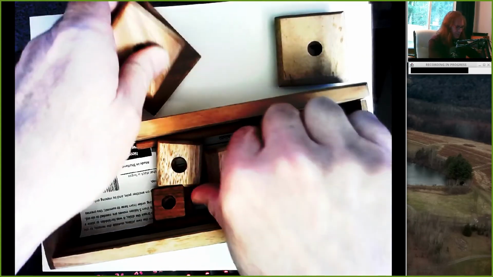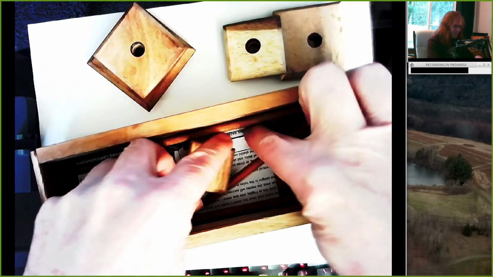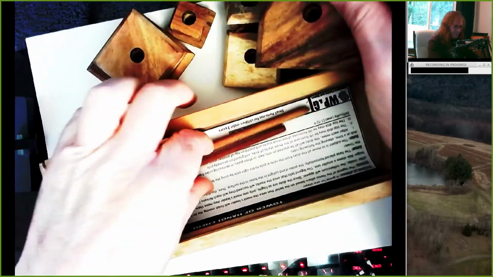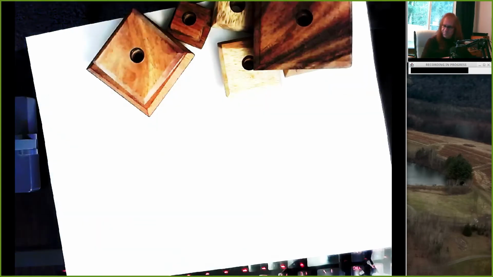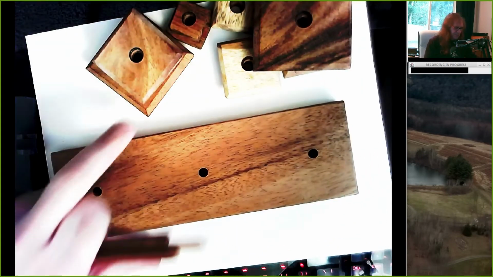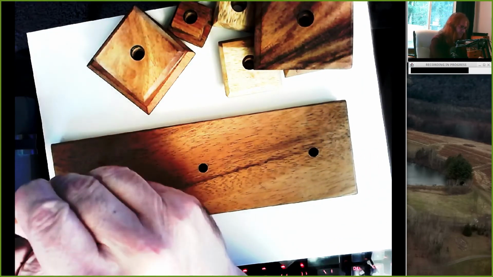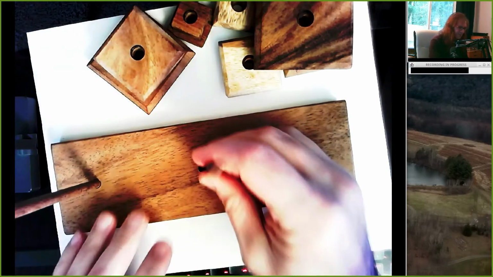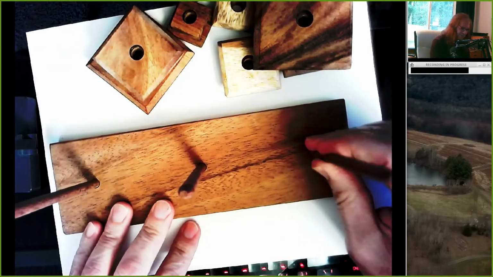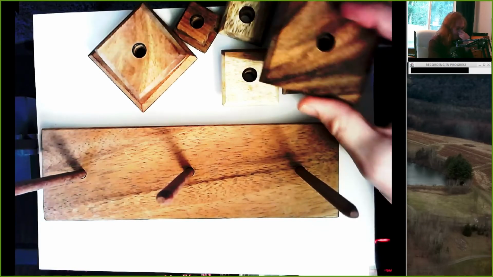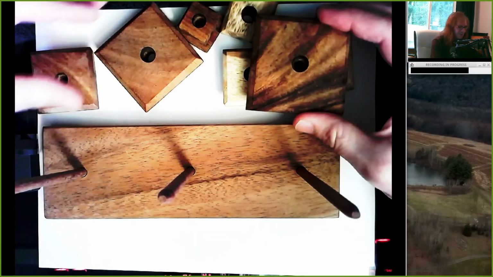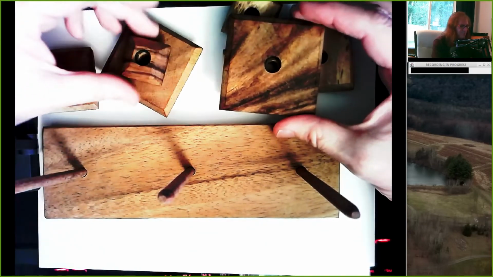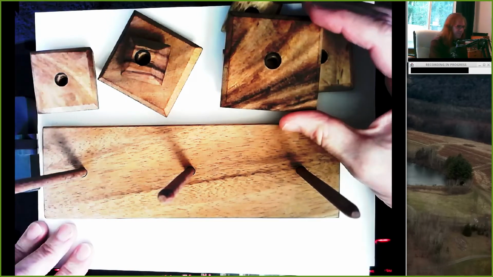So here's the setup. You have a series of wooden squares. In the original version, these are discs made out of jade, but I've got wooden squares, and they come in different sizes, some larger and some smaller.